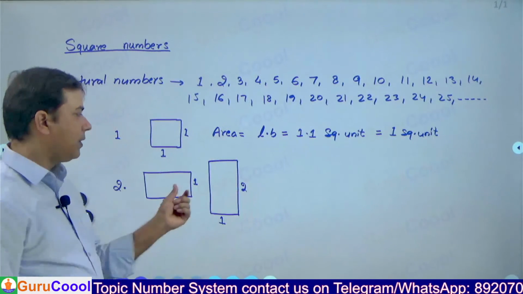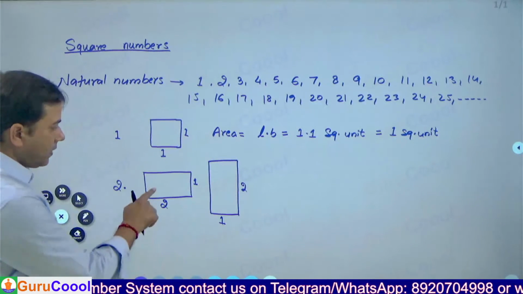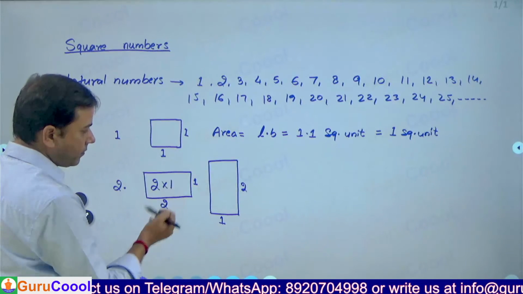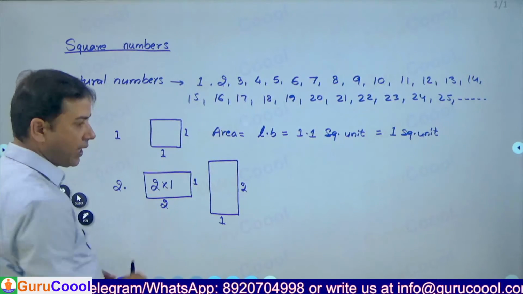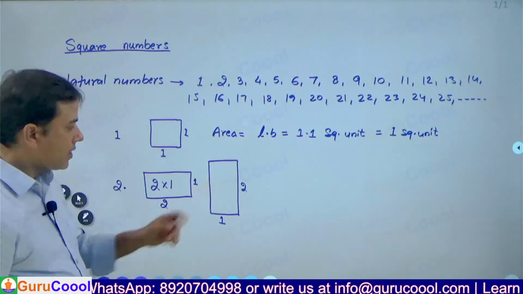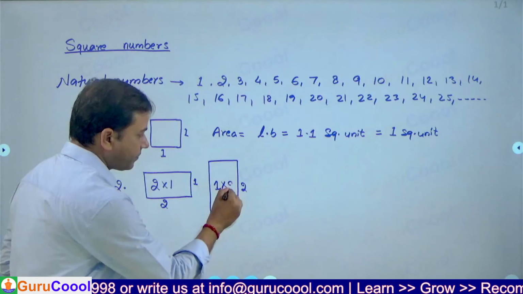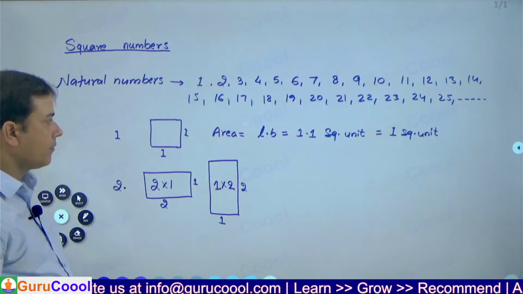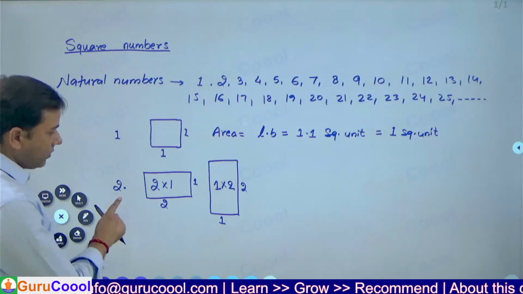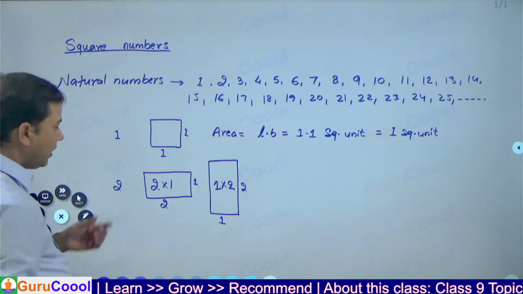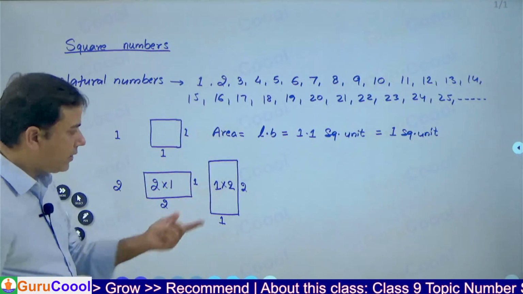So 2 can be represented in 2 ways. The area of the first one is L into B, that is 2 into 1, which is 2 square units. The second one is 1 into 2, right? The areas of these two rectangles are 2 into 1 or 1 into 2.